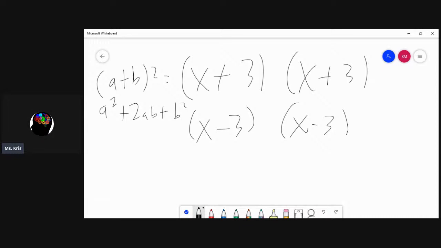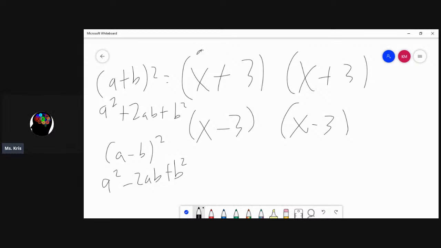Same thing if it's negative, you have (a minus b) squared. A is squared, but instead of plus 2ab, you have minus 2ab, which is 2 times a times b, plus b squared.